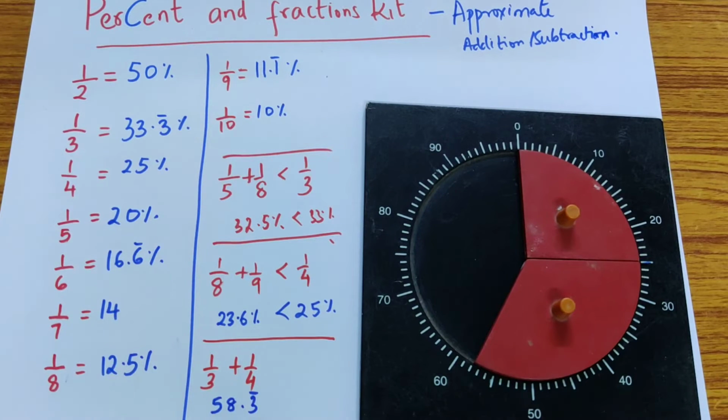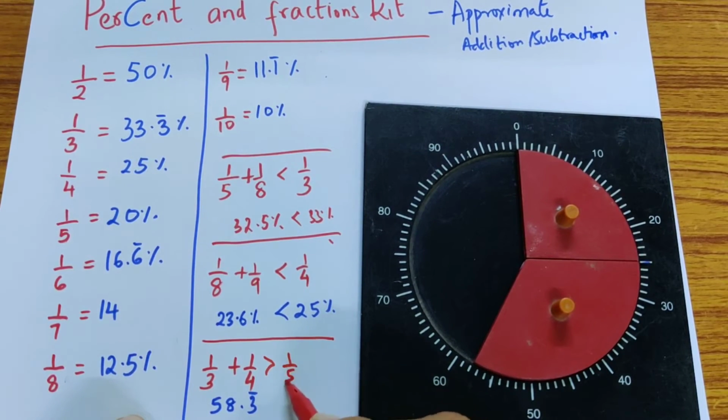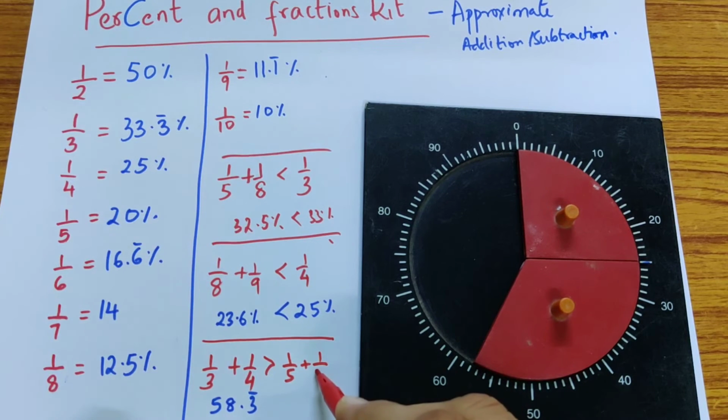So 58.3 I know is of course more than 50, but it's not 50 plus even a 1/10, because 50 plus 1/10 would have been 60. So this one is coming 6, 7, 8. So if I look at these, half of this, so maybe 1/5 plus 1/6, right? But this is still more than 1/5 plus 1/12, let's say, right?